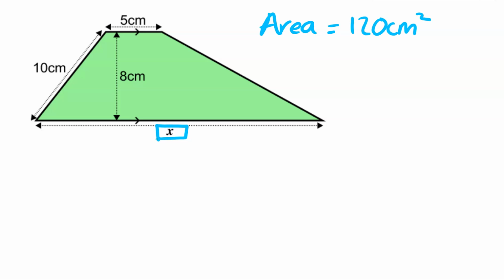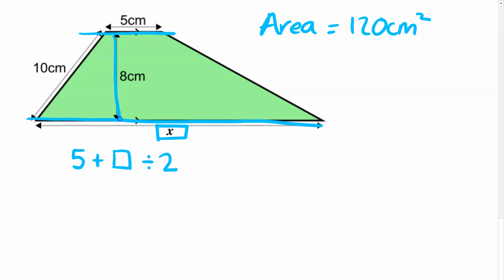What we would do normally is 5 plus something divided by 2 to get the middle, because the something and the 5 are the parallel lines. Then we would multiply it by 8, and we know that the answer has to be 120.